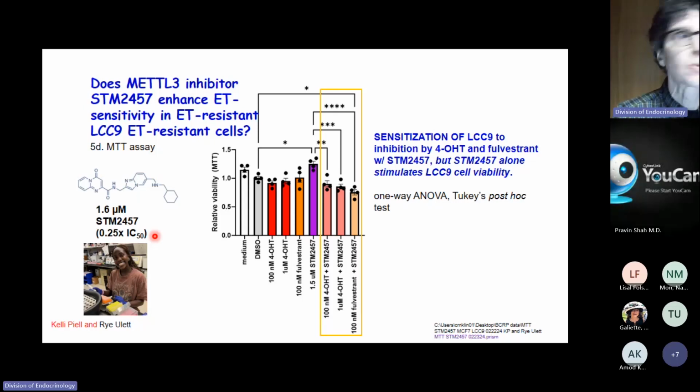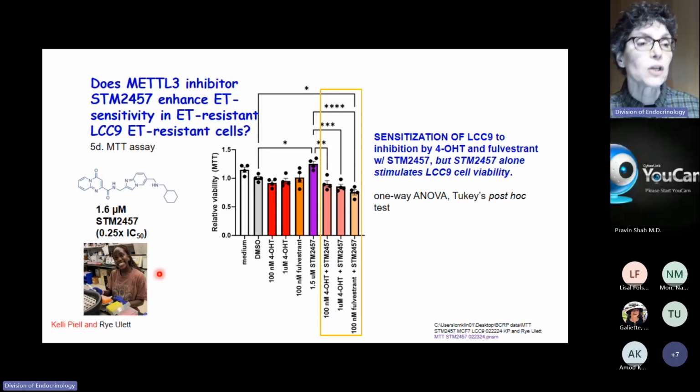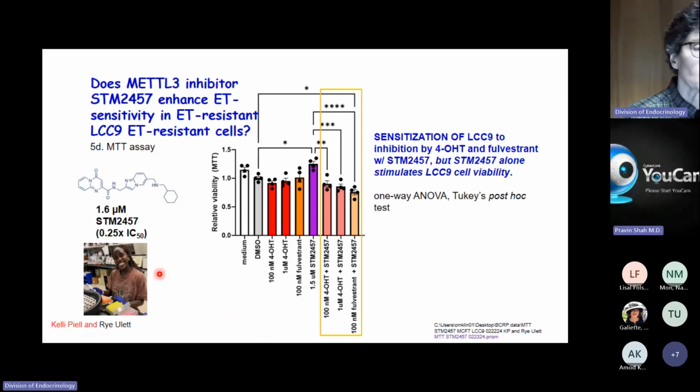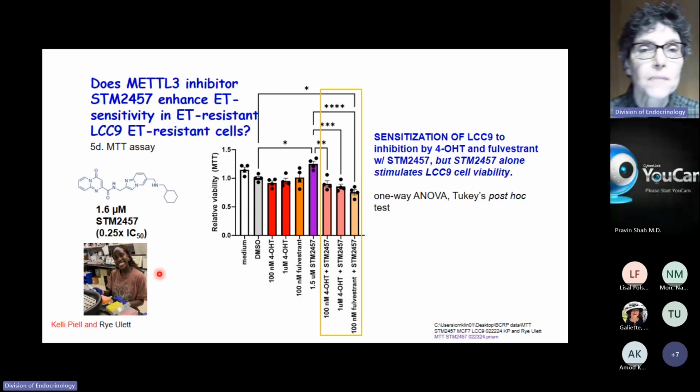So we don't want to kill the cells, but we want to inhibit METTL3 activity. And these experiments were performed by Kelly with Raya Hewlett, who is a junior biology major pre-med student and a swimmer on the UofL swim team, who got a gold at an NCAA event fairly recently.